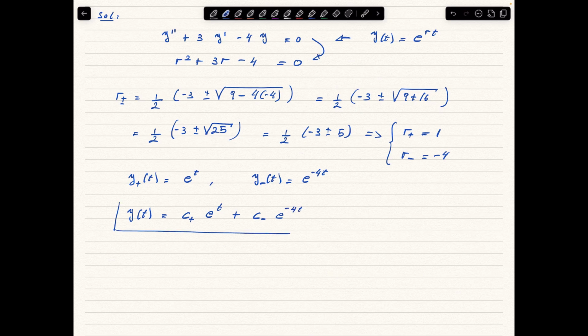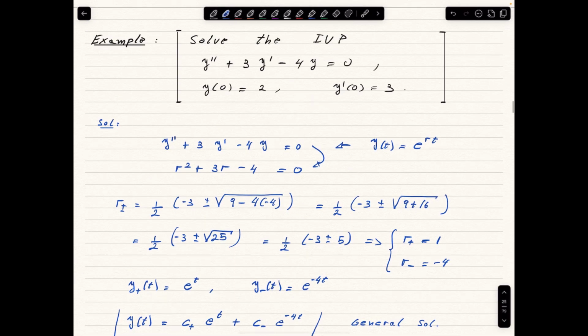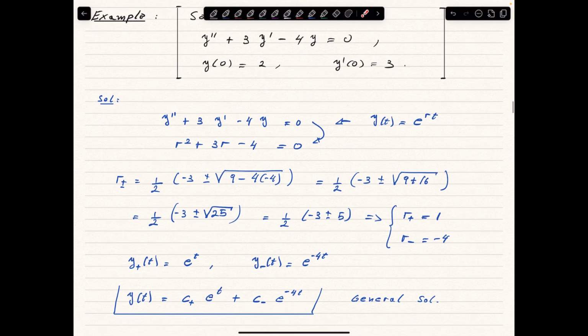So we have found all solutions of that differential equation because we needed to find only two, not proportional, and we did. So this is the general solution of the equation. And now we need to find the specific solution that satisfies these initial conditions.